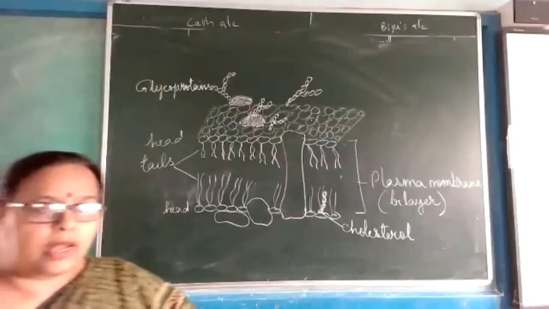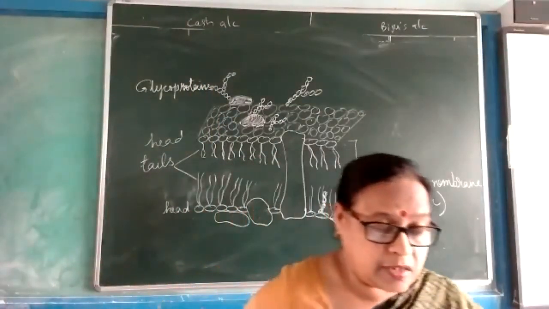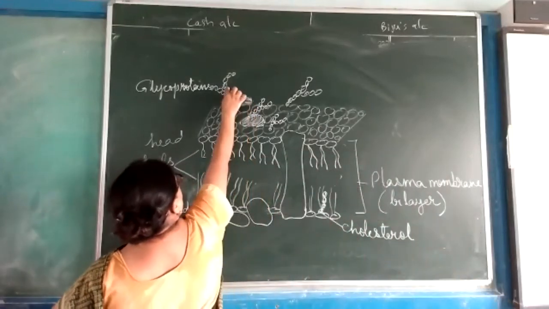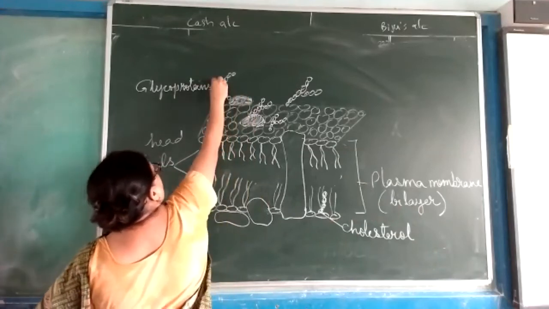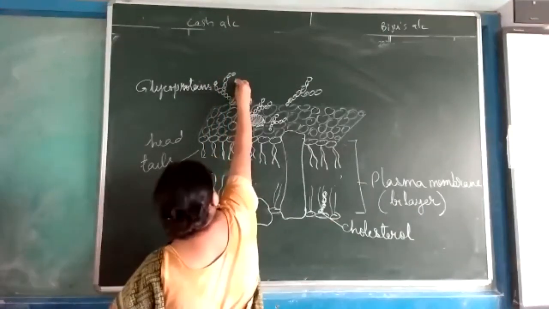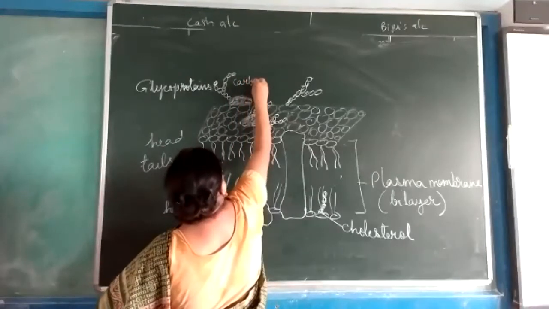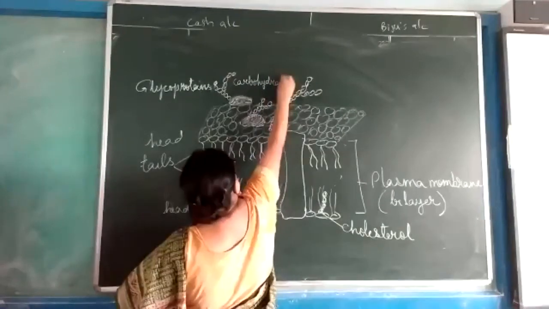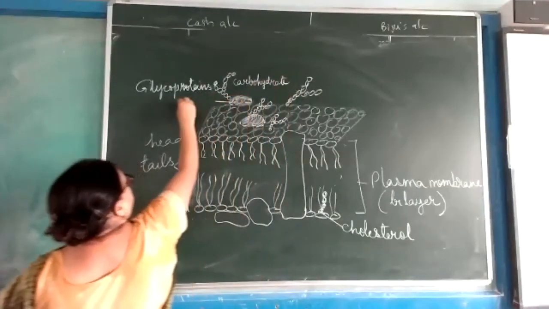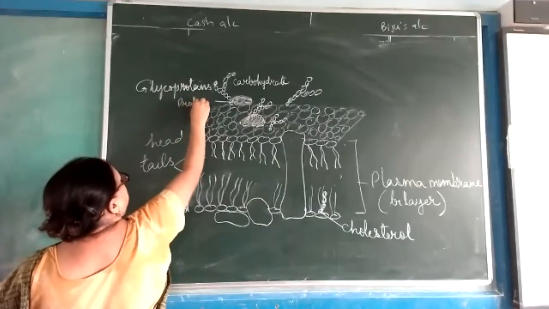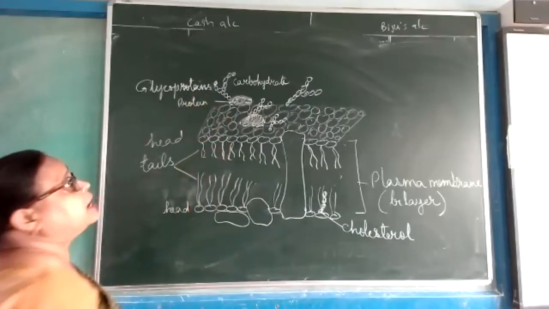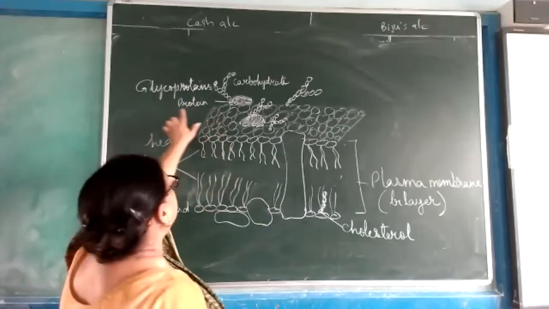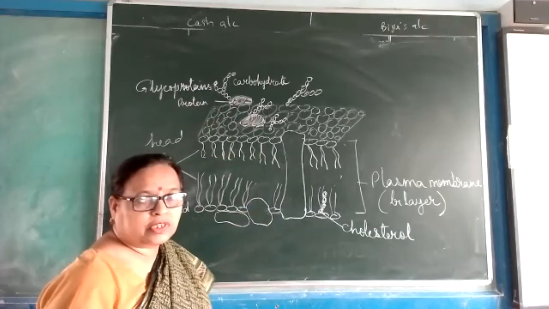These proteins are attached with carbohydrate. And this is the protein. A carbohydrate is attached to the protein. Such proteins will be called glycoproteins.